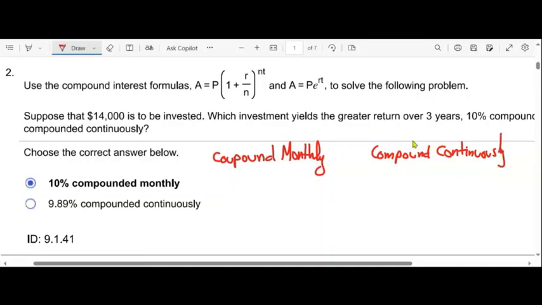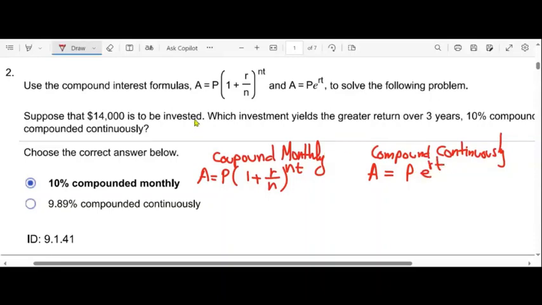So what is the formula for compound monthly? A equals P (1 plus R over N) to the power of NT. And compound continuously? A equals P E to the power of RT.